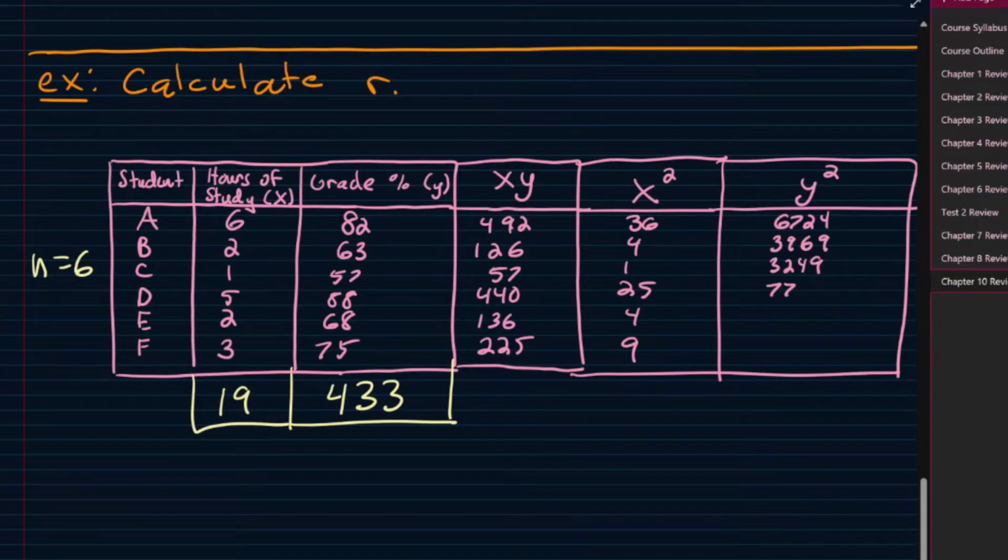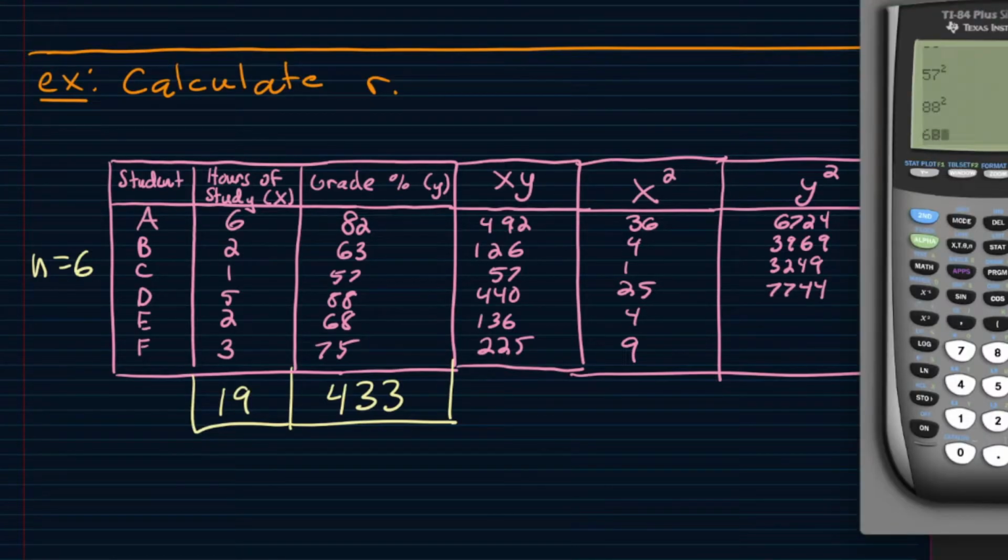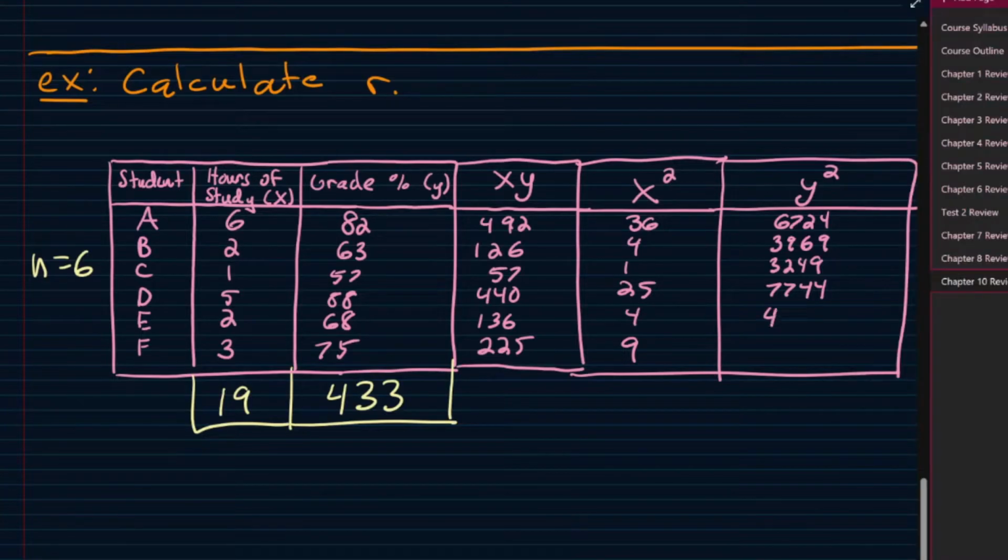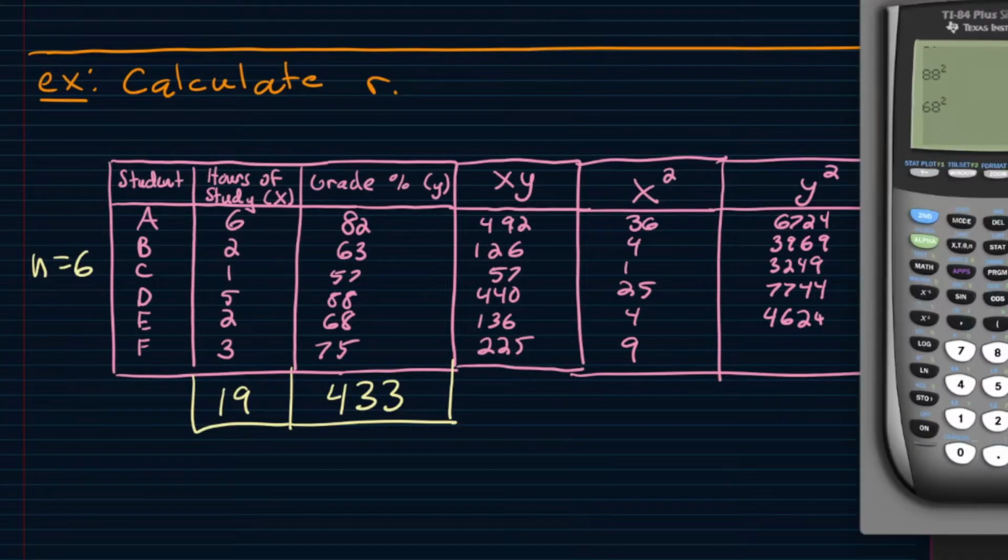That's a bit of a weird number. I didn't expect that. 68 squared, 4624. And 75 squared, 5625.